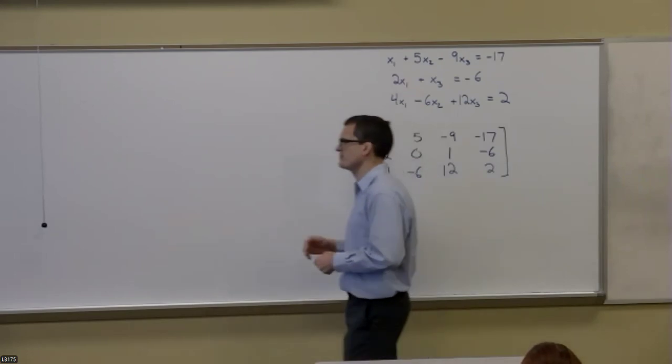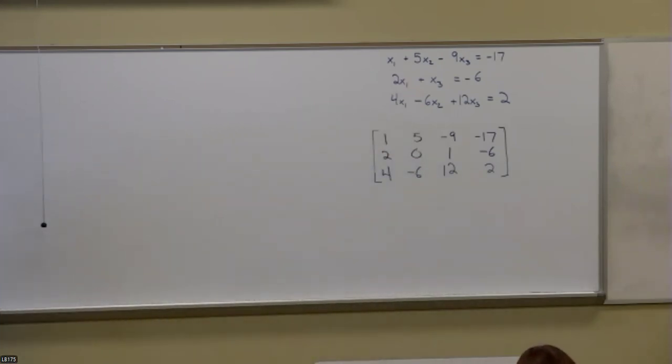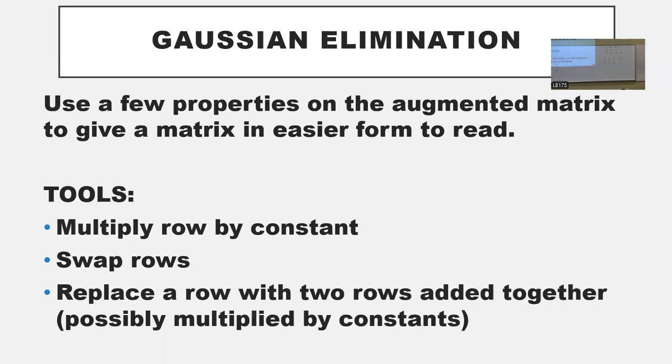So now I have the augmented matrix for that system of 3 equations and 3 variables. Once we set up the augmented matrix, what we're going to do is a process called Gaussian elimination.